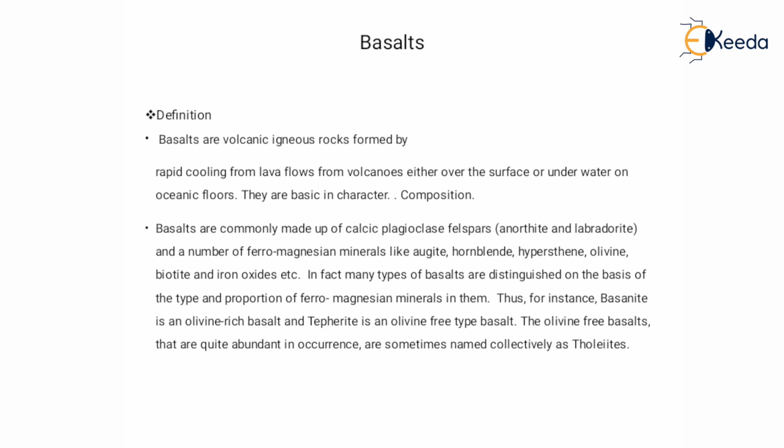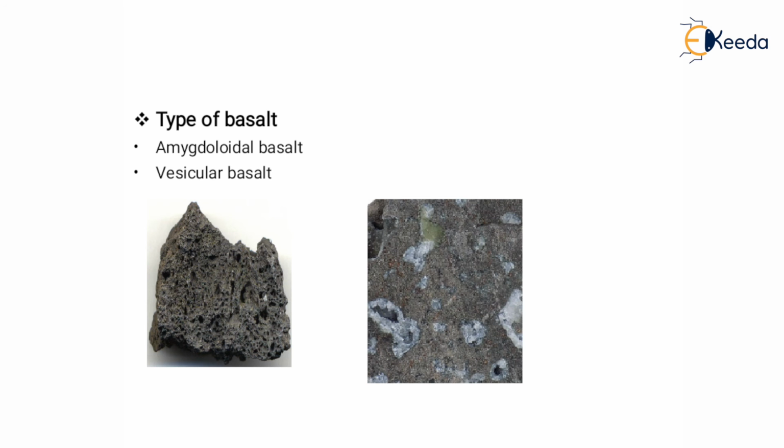Many types of basalt are distinguished on the basis of the type and proportion of ferromagnesian minerals in them. For instance, basanite is an olivine-rich basalt. Tephrite is an olivine-free type of basalt, and olivine-free basalts that are quite abundant in occurrence are sometimes named collectively tholeiites.